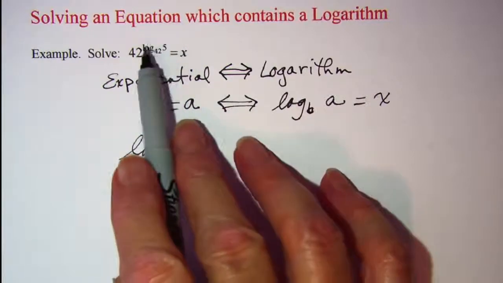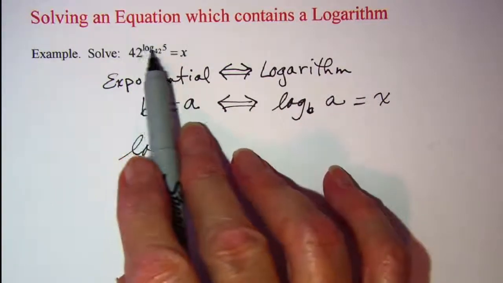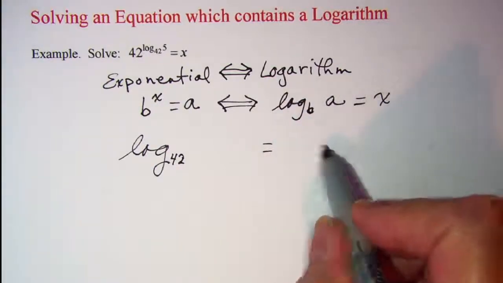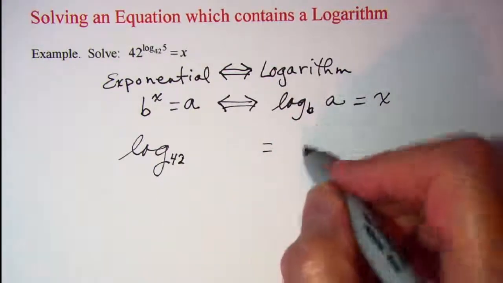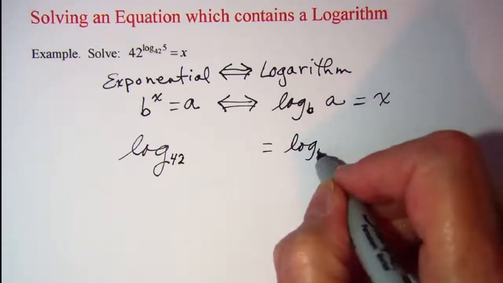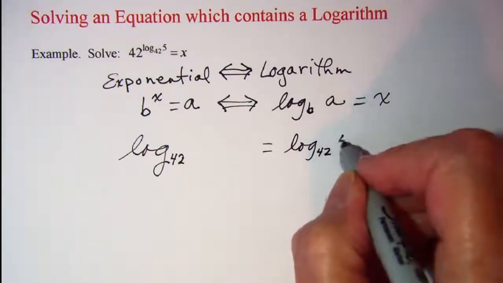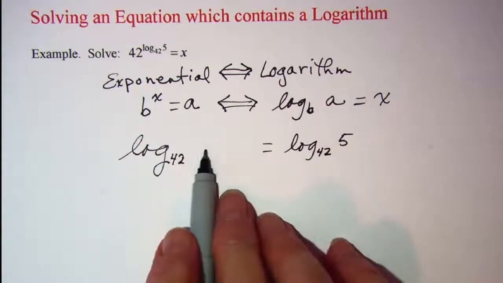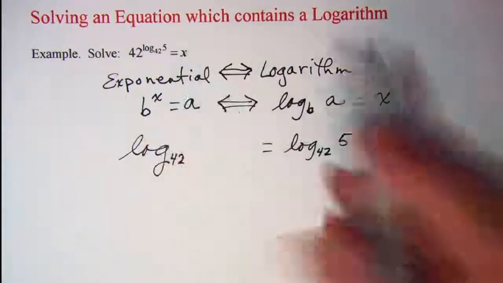Now my exponent on my exponential is the right side of my logarithmic statement. So I need to put the whole exponent over here, log base 42 of 5. And then my argument of my logarithm is x.